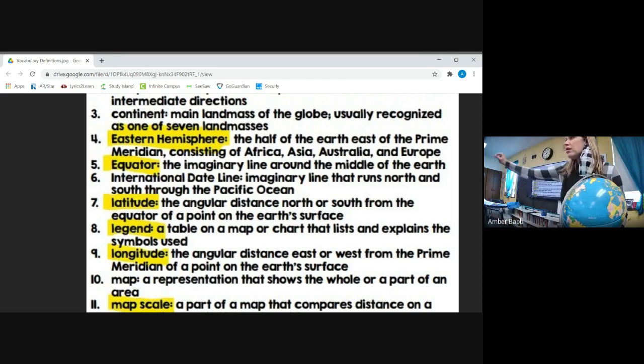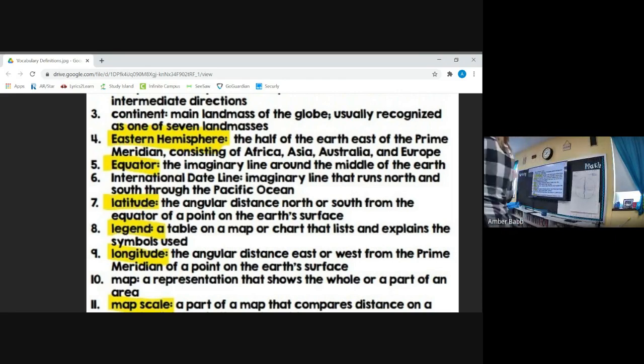We measure latitude and longitude by degrees. So you can see the lines running around, and they have numbers on them, 30, 40, 50. That's how far north. If I follow those latitude lines around, Missouri is at approximately 38, 39, it looks like.